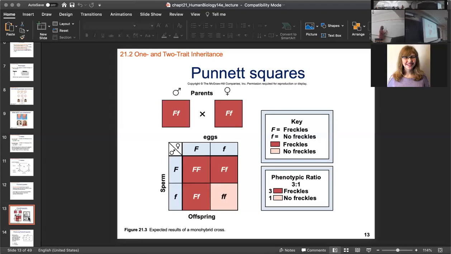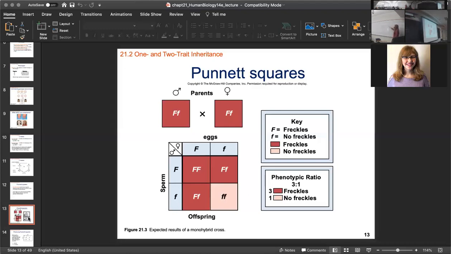And then how many have no freckles? 1. All right. You guys see the difference in those two numbers? So this one and this one are telling us the same things, but they're asking for different things, okay?